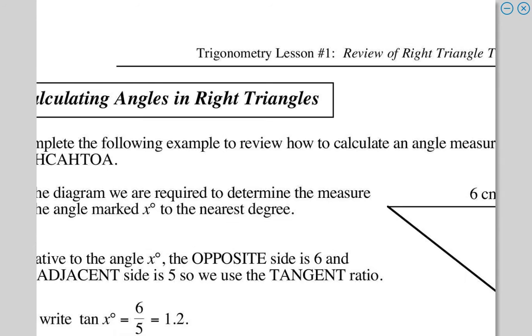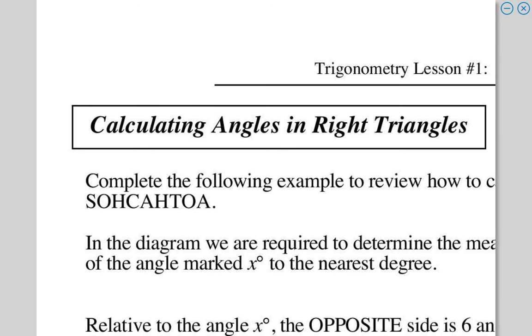Okay, calculating angles. Calculating angles, remember on my whiteboard? All you got to use is second function.